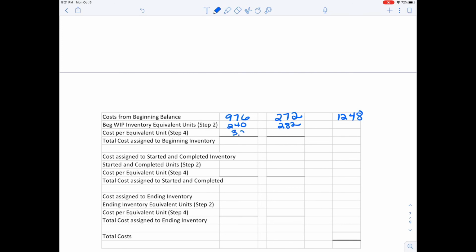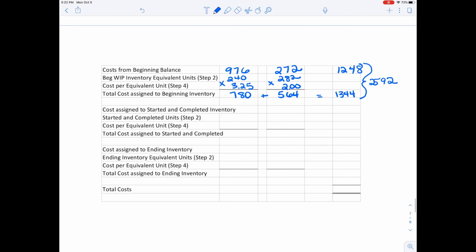And then we're going to pull in that cost per equivalent unit that we just figured out in step 4. And multiply these two out. That's 780 and 564. We'll add these together to get a total of 1344. So if we wanted costs associated with that beginning inventory, it'd be $25.92.